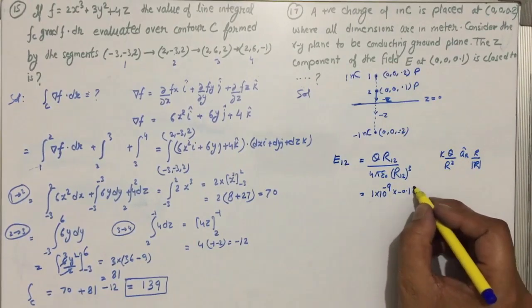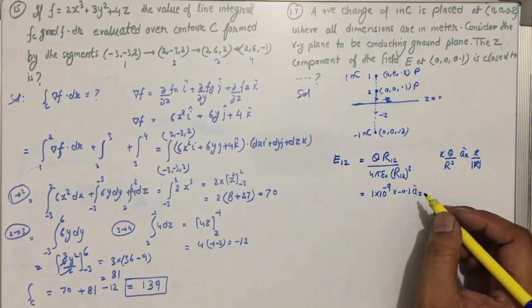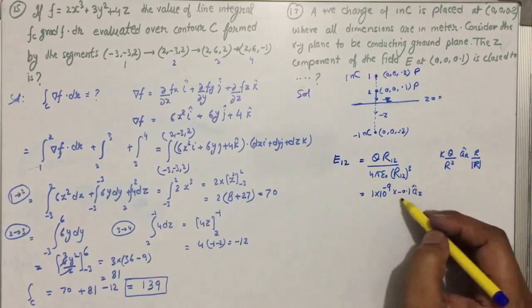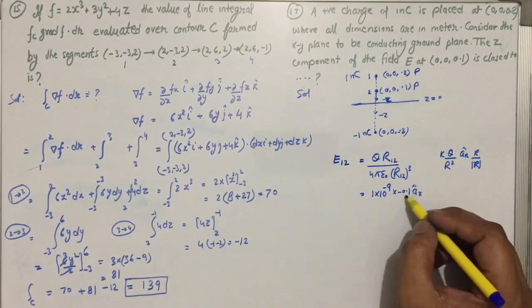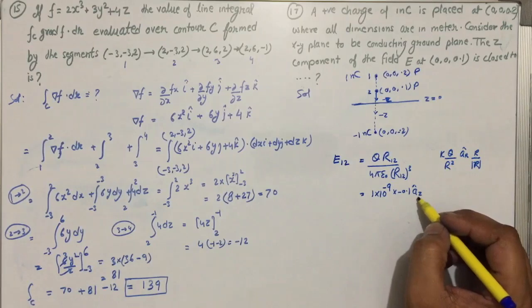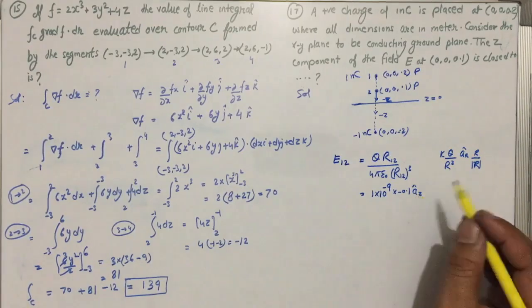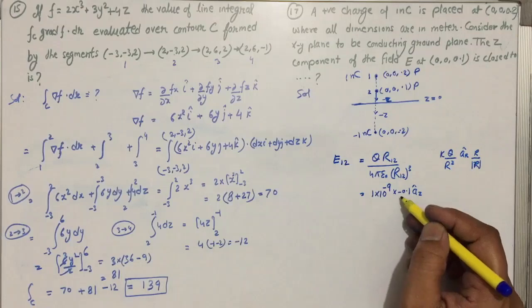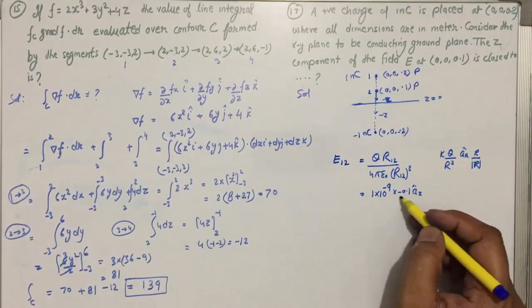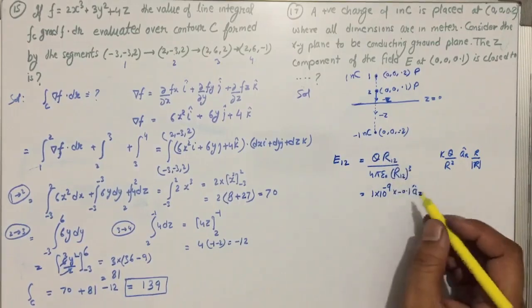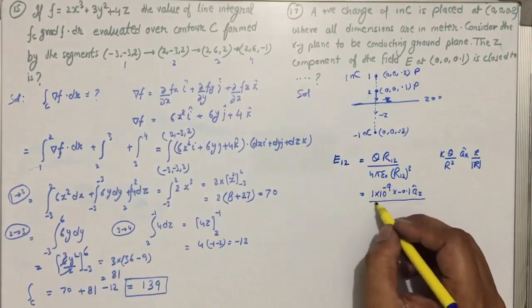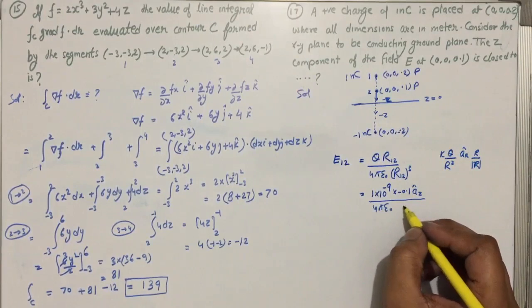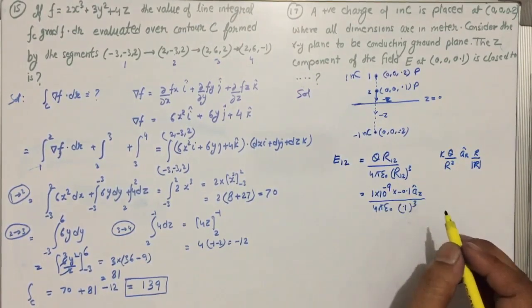So R12 itself includes this direction, so it will be minus 0.1 in the direction of AZ, divided by 4 pi epsilon naught times 0.1 to the power 3.